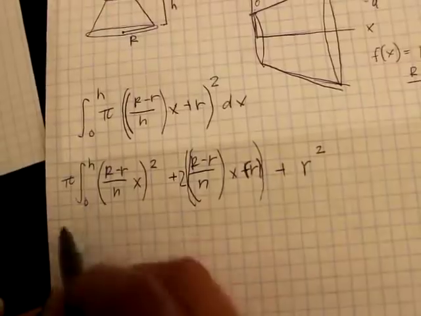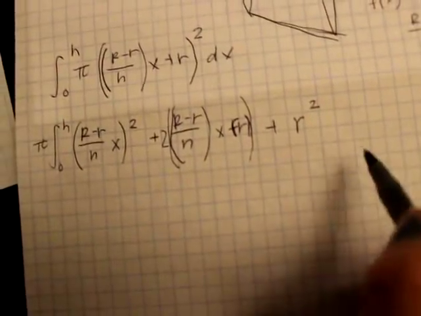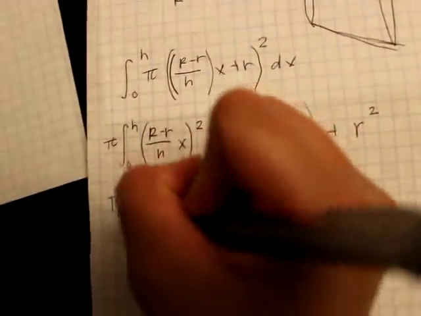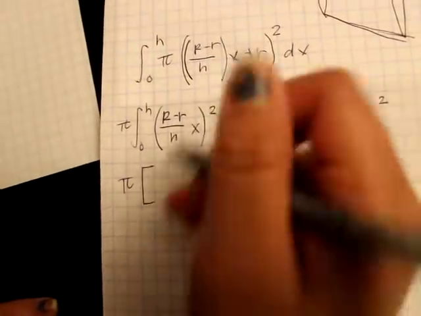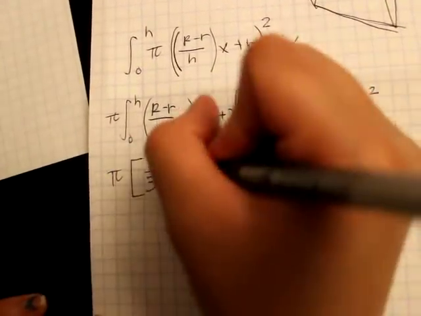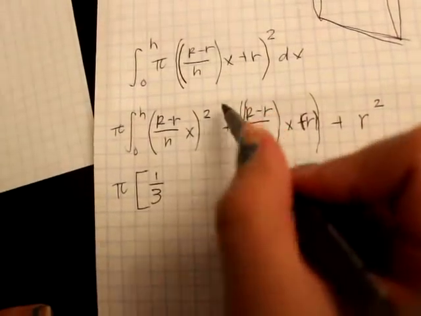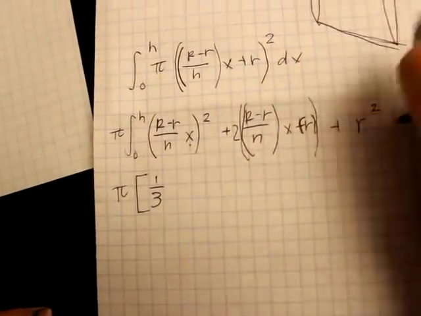Okay, so now we're able to take the integral of this equation. We have 1 over 3. We're only taking the integral with respect to x because this equation is in dx.